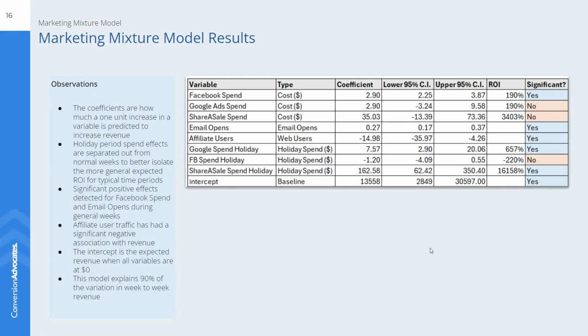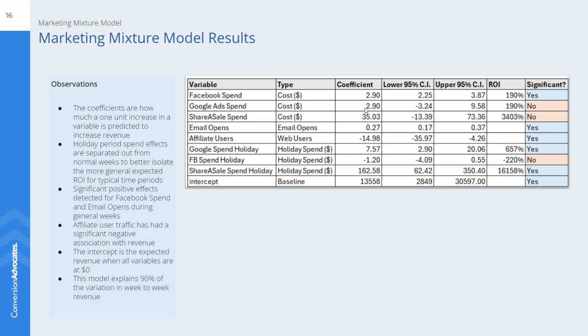We put all of it into a statistical model, and the model found that overall, for every $1 increase in Facebook, the coefficient represents that return in terms of revenue. So this is in terms of dollars. So a $1 increase in Facebook has been associated with a roughly $3 increase in revenue.